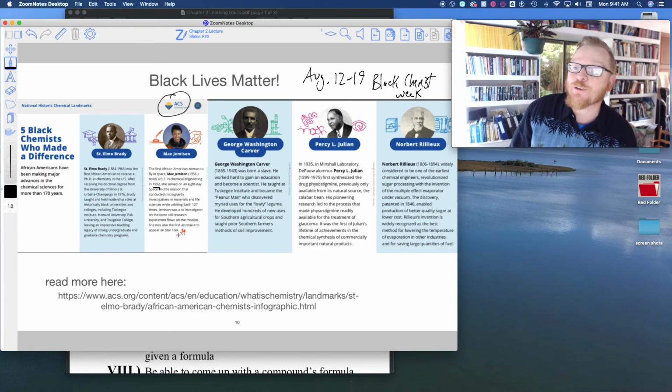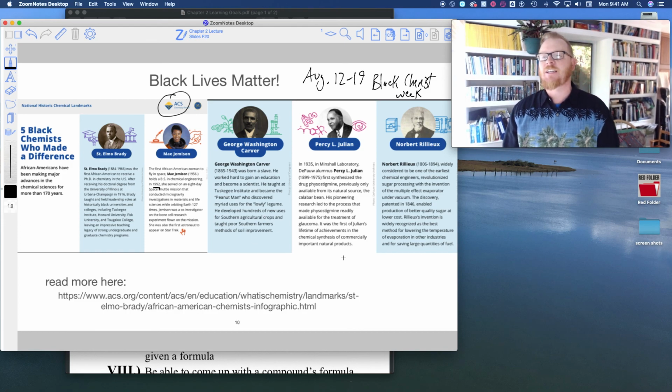And she was also the first astronaut to appear on Star Trek. Pretty cool stuff. And then one more person I'll point out from this list, George Washington Carver. He was born a slave and died a PhD scientist. Incredible, amazing, okay? So read about these people. You can go to this website here. Check it out, y'all.